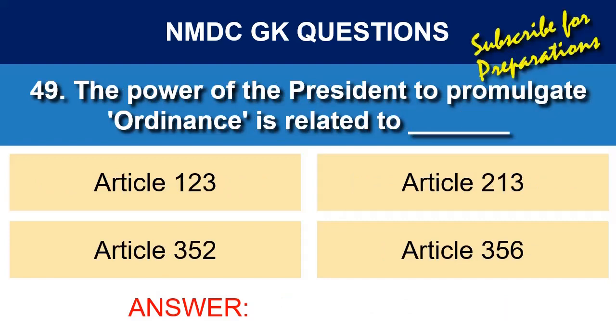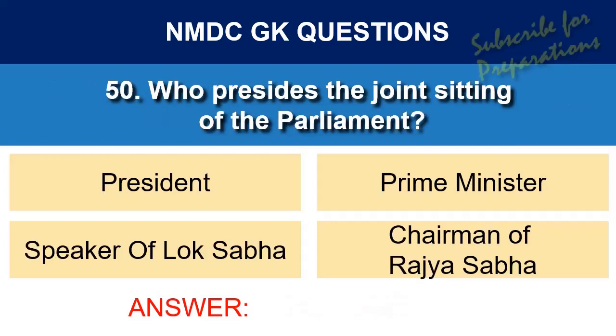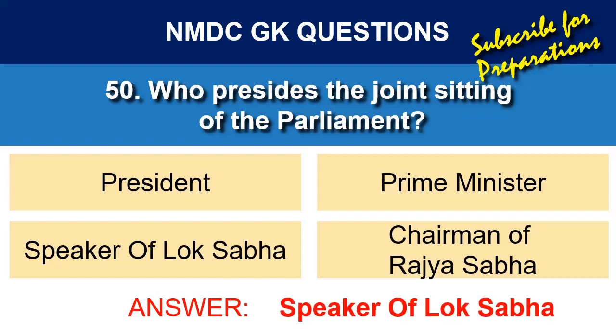The power of the President to promulgate ordinance is related to Article 123. Who presides the joint sitting of the Parliament? Speaker of Lok Sabha.